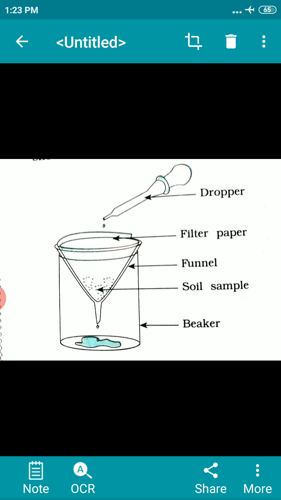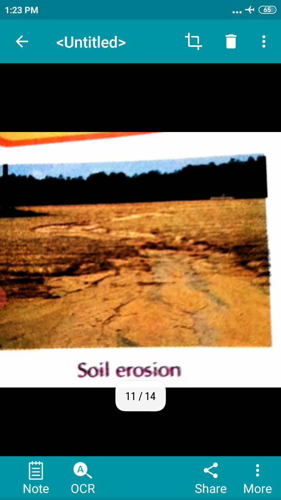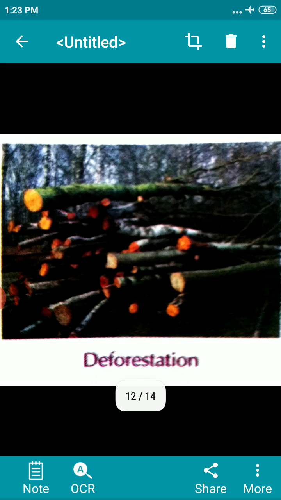Which are the factors responsible for soil erosion? The first one is deforestation, that means cutting of trees in large numbers, which is the main cause of soil erosion. The next ones are flood, forest fire and overgrazing. All these are responsible for soil erosion.